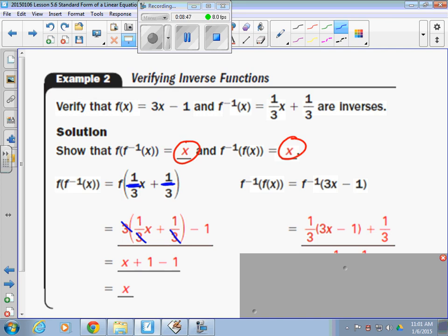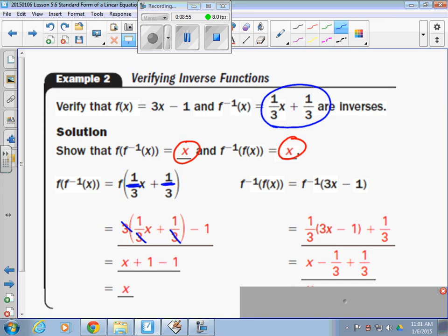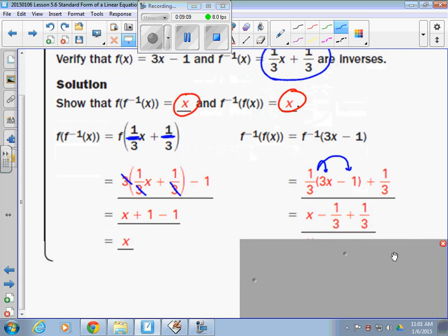So we're multiplying by 1/3 plus 1/3, because this is what we said the inverse was. 1/3 of 3x is going to be 1x, and then 1/3 of -1 is minus 1/3. Notice minus 1/3 when you combine those like terms on the next line, -1/3 plus 1/3 cancel out to leave you with equals x.